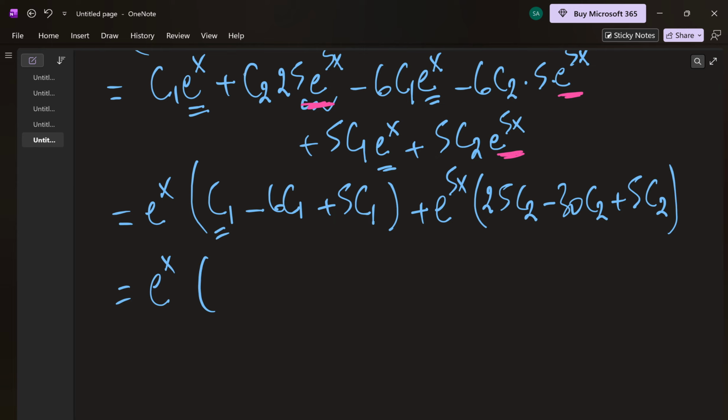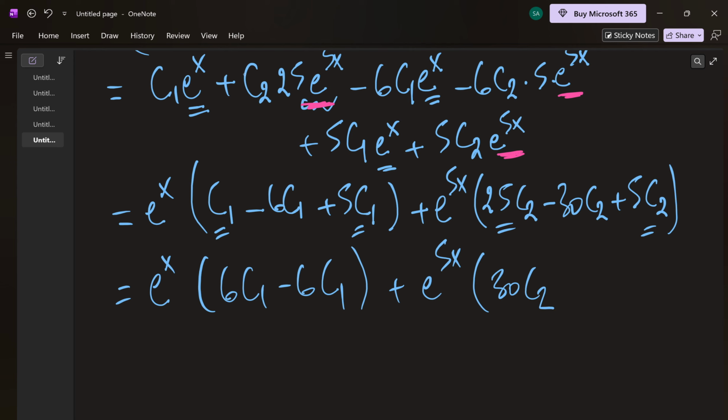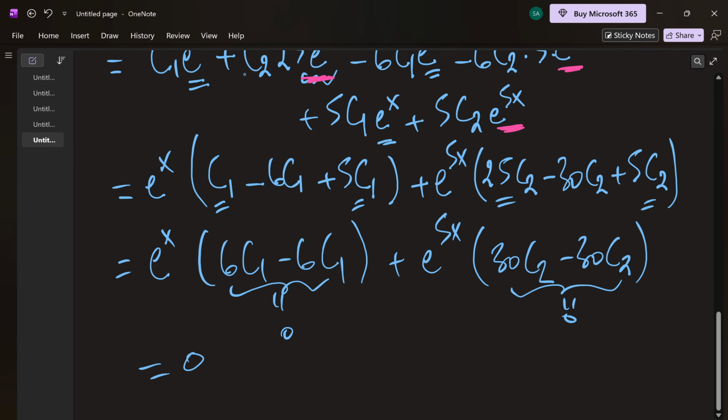So this is exponential x times c1 plus 5 c1, which is 6 c1, minus 6 c1. And the other is 25 c2 plus 5 c2, which is 30 c2, minus 30 c2. So this is equal to 0 and this is equal to 0.